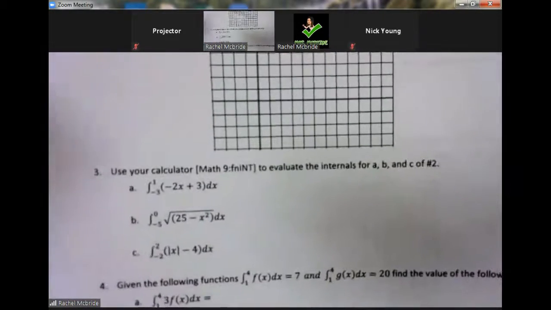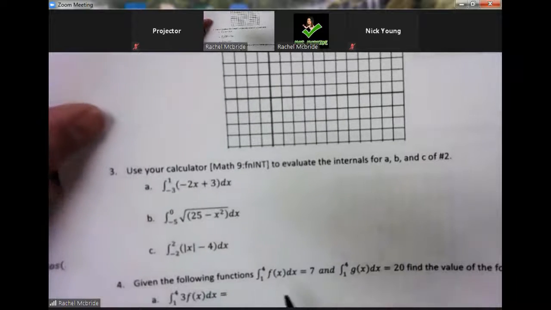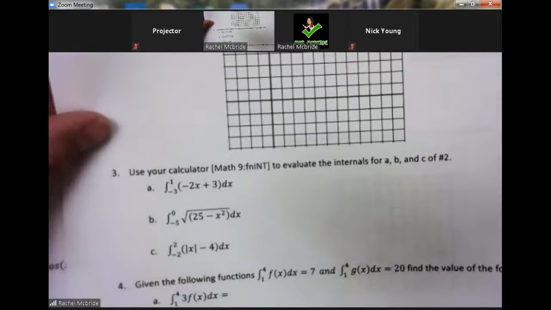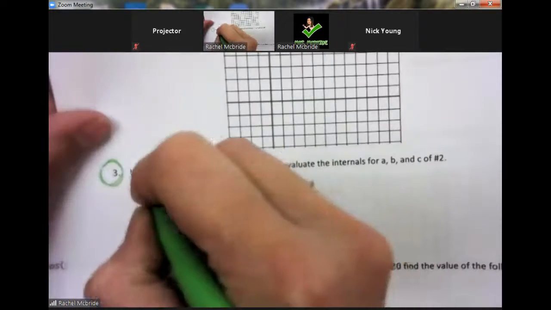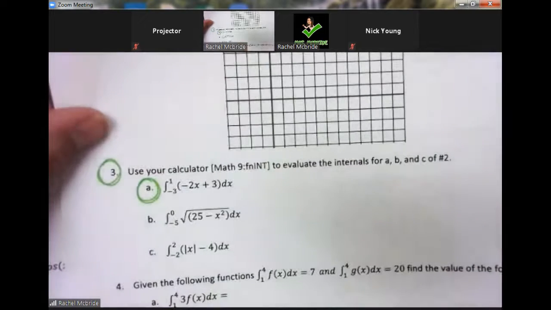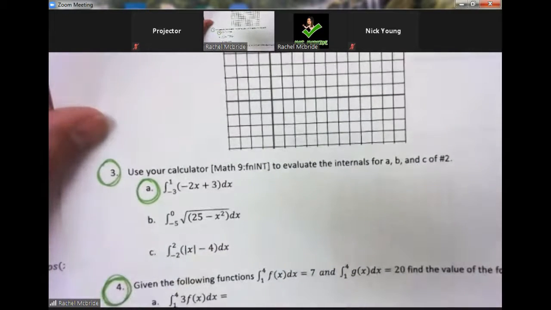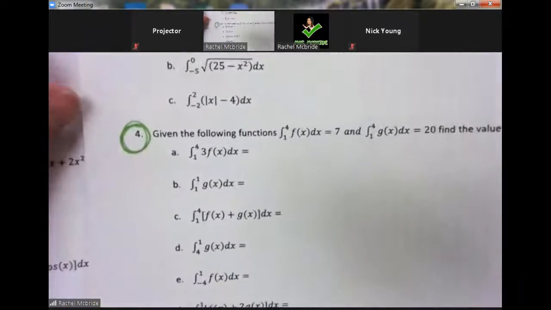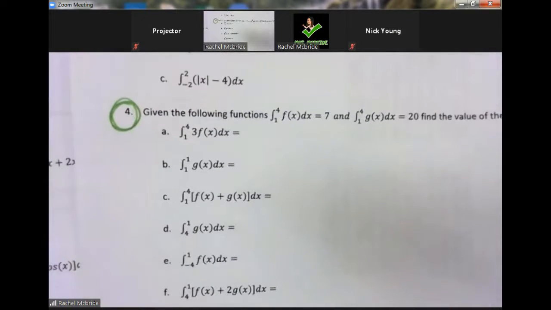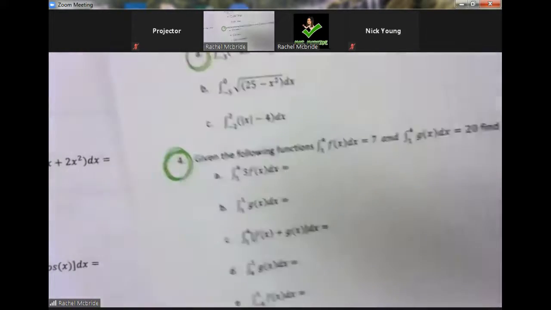And then 3, that's just making sure you can use your calculator. So 3A is fine. 4, I like 4. There definitely is going to be stuff like 4 tomorrow.